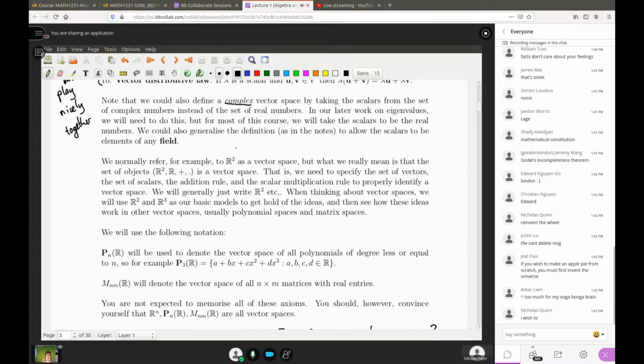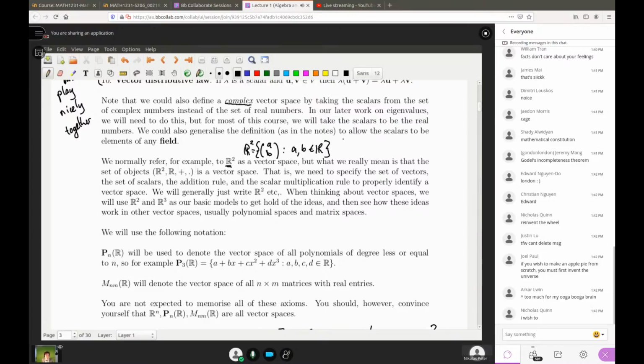Okay. So normally we refer to R2 as a vector space, but what we really mean when we're talking about R2 is not just the space of things that look like this. It's a little bit more than that. Strictly speaking, R2 is the set of all vectors where A and B are real numbers.